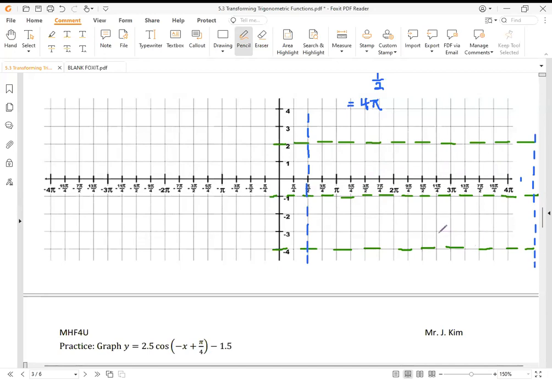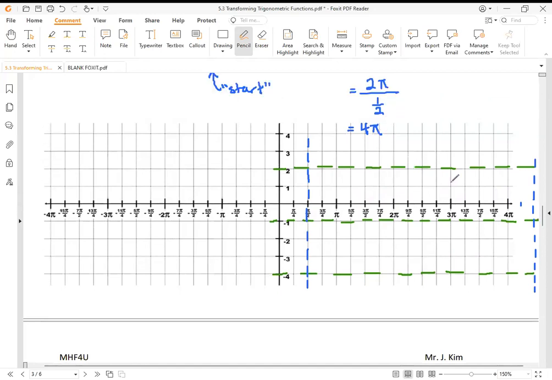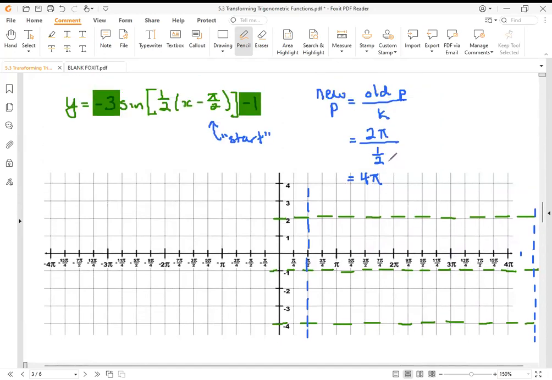Can you repeat how you got that? Which one? The end. The end? Sure. Were you able to calculate 4 pi? I wasn't really focusing when you were saying that. So, were you able to calculate 4 pi? Yeah. Okay.